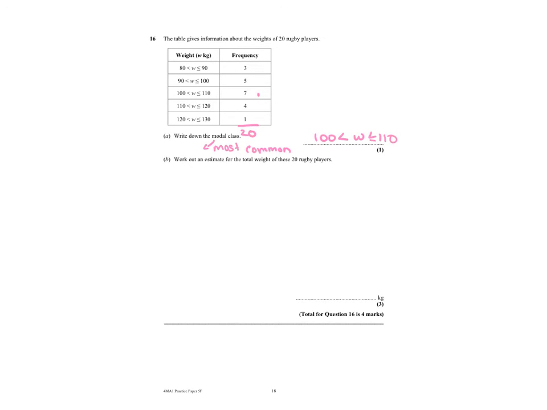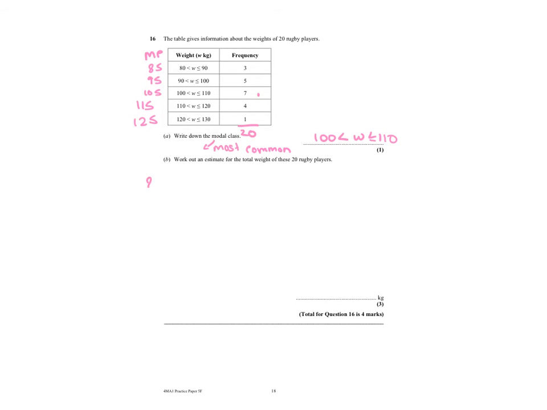It says work out an estimate for the total weight of these 20 rugby players. So to find the total weight, I need to find the midpoint of each interval and then multiply it by the frequency and add them all up. So the midpoint between 80 and 90 is 85, 90 and 100, 95, 100 and 110 is 105, 110 and 120 is 115, and 120 and 130 is 125.